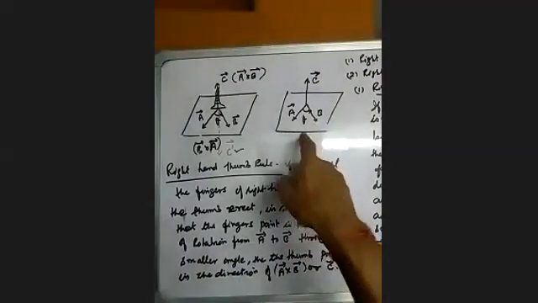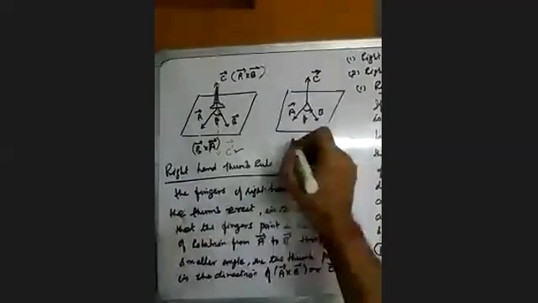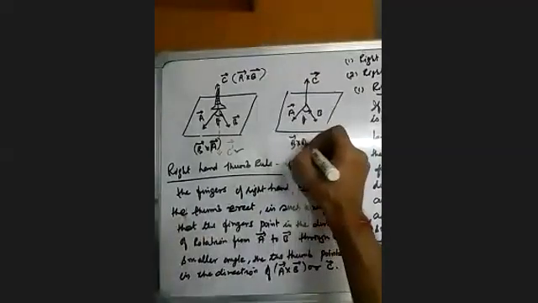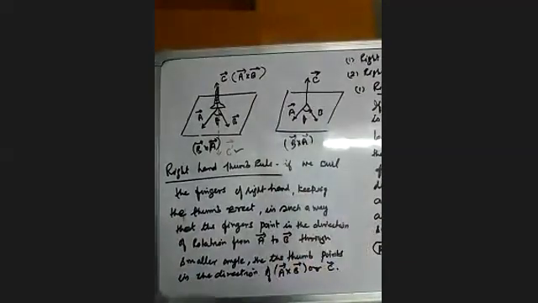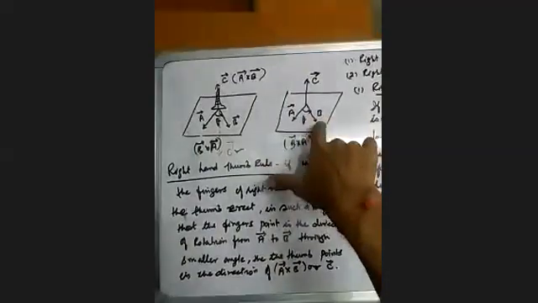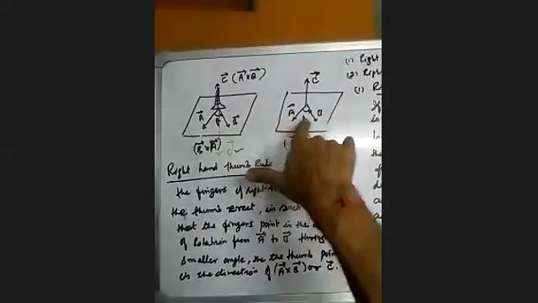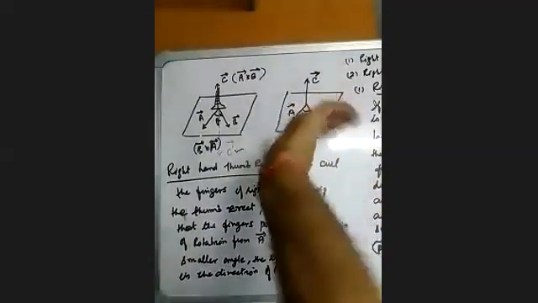Now again, if we want to find out vector B cross vector A, then you have to curl the fingers from the direction of B vector to the direction of A vector through the smaller angle theta. So now you can see the fingers are pointing in the direction of B vector and curling towards the direction of A vector.